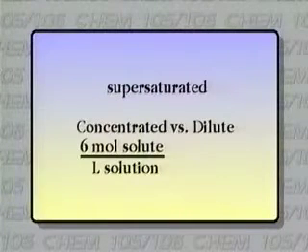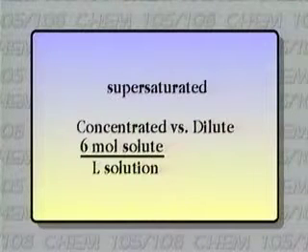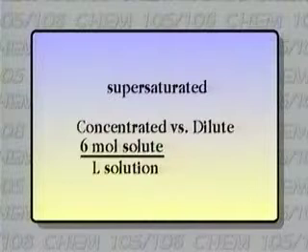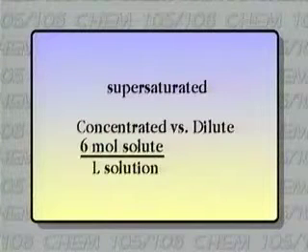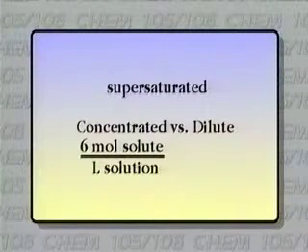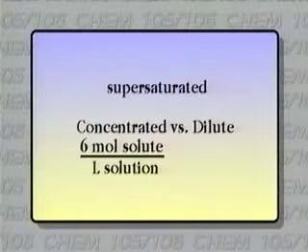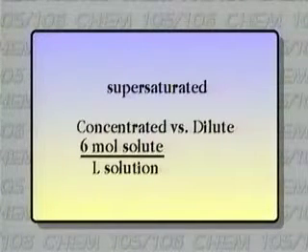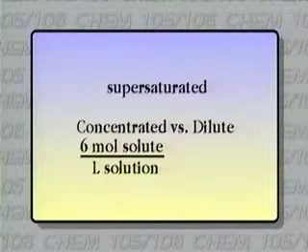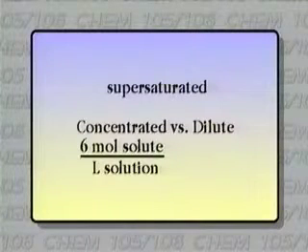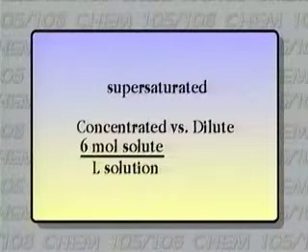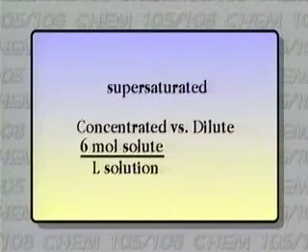If it's less than 6 moles of solute per liter of solution, by the way, this relationship here we're going to talk about in just a minute is also known as molarity, another concentration unit. If it's less than 6 moles per liter, then of course we refer to it as dilute. So once again, these are two terms that say something about the amount of solute, but certainly aren't very quantitative.